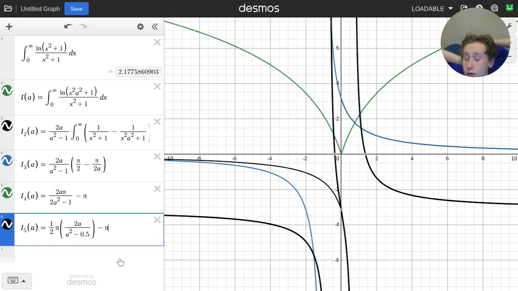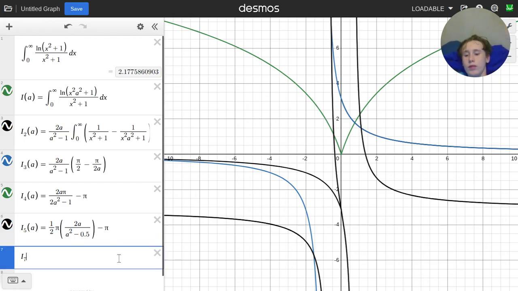Okay, this reminds me of a logarithmic form, but let's just try it. Whoa, none of this stuff looks the same, by the way.